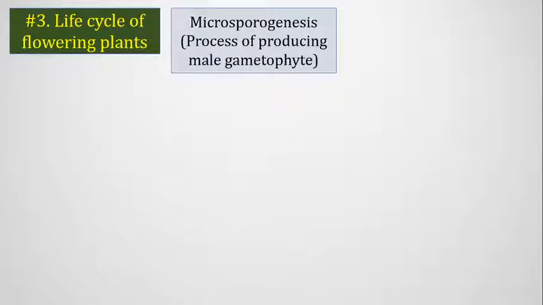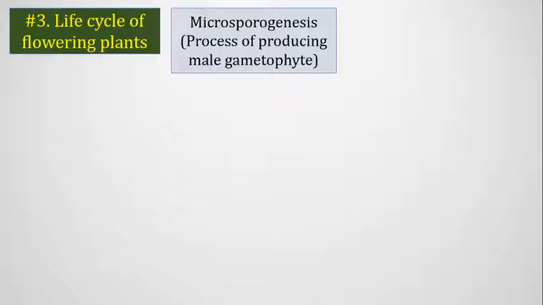We know that genesis means the way that something is produced. Also we say megasporogenesis, the process of forming megaspore, that means the female gamete production process. As the female gamete is larger in size, it is called megaspore.